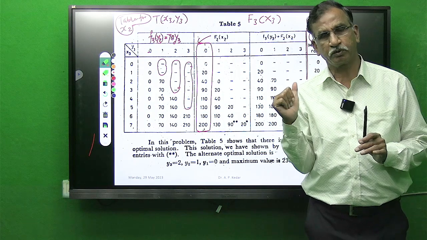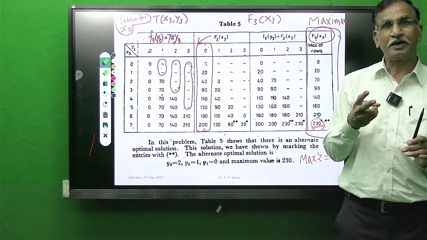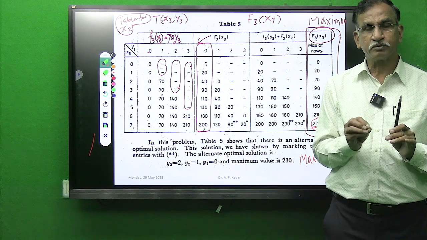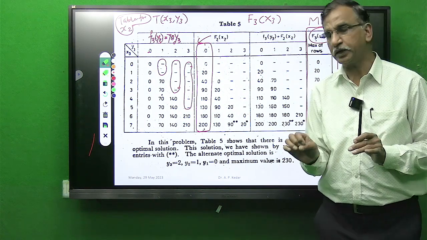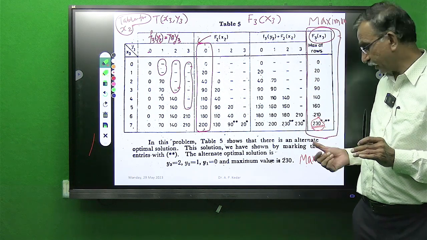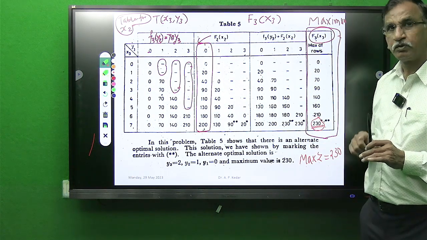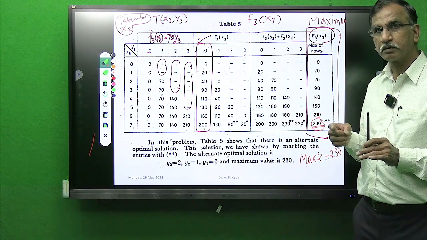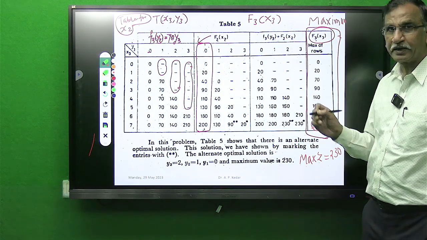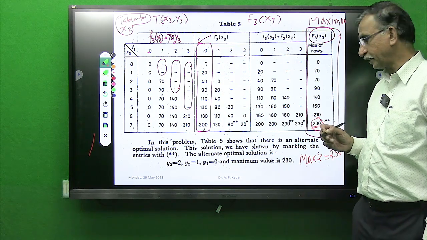This particular problem has multiple solutions for putting those items into the vessel so as to get the value of the problem as 230. We'll see the multiple solutions step by step. Now in backtracking, you have to be very cautious.